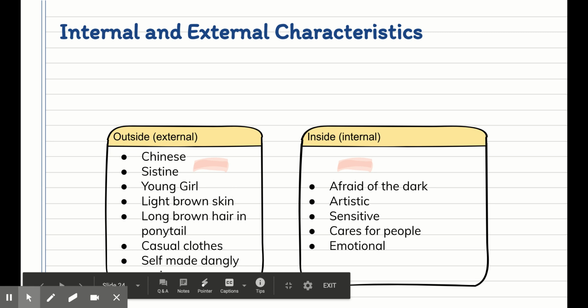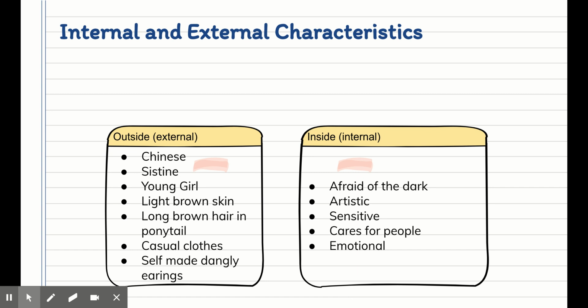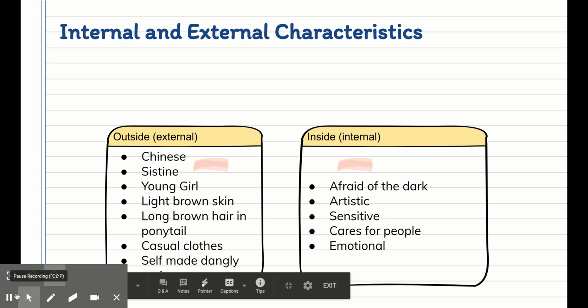I also listed that she's light brown skin, light brown hair in a ponytail, casual clothes, and she wears self-made dangly earrings. Can you really picture my character and see how realistic my character is?